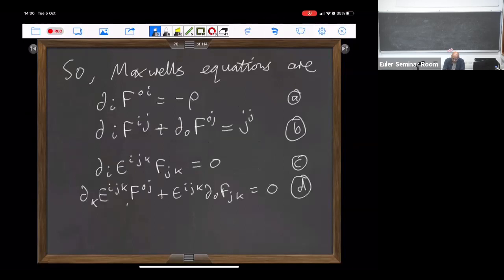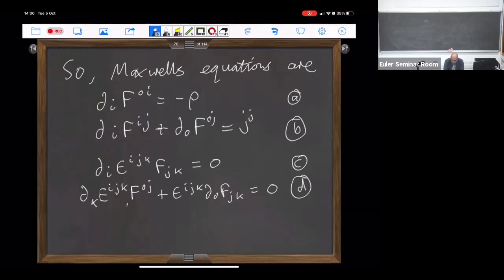So we can actually rewrite Maxwell's equations in terms of the field strength. We get that the divergence of F_0i upper is minus the charge density.